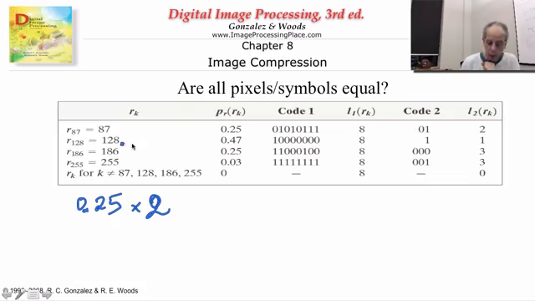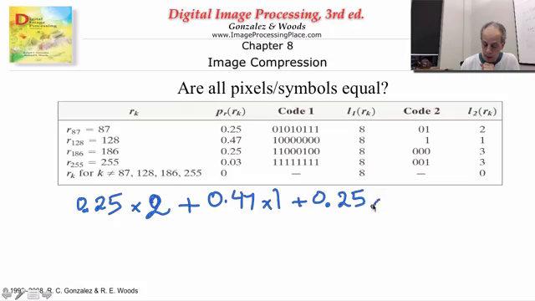With probability 0.5, I'm going to have length 1, plus 0.25 of the image with length 3, and with very small probability, I'm also going to have length 3.